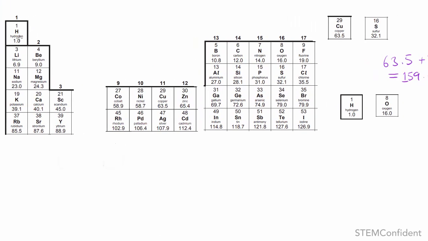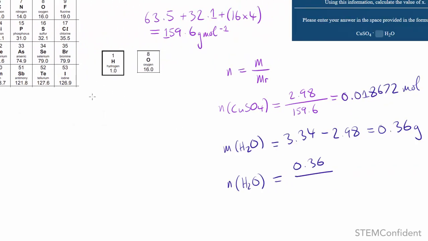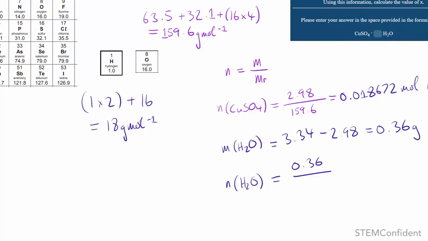Hydrogen, H2, so it'll be 1 times 2, that's for the hydrogen component, plus the O part, 16. So that's obviously going to give us 18, in units of grams per mole. So that's the molar mass of H2O.